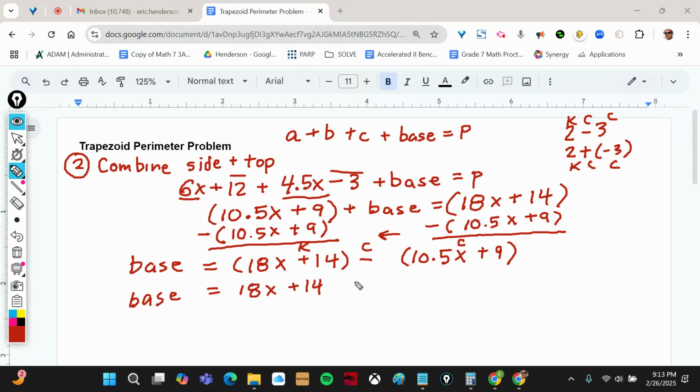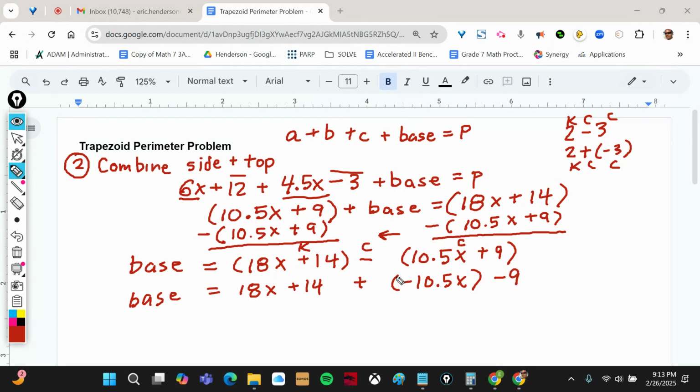So then this becomes positive, and now this positive 10.5x becomes a negative 10.5x. And this positive 9 now becomes a negative 9.